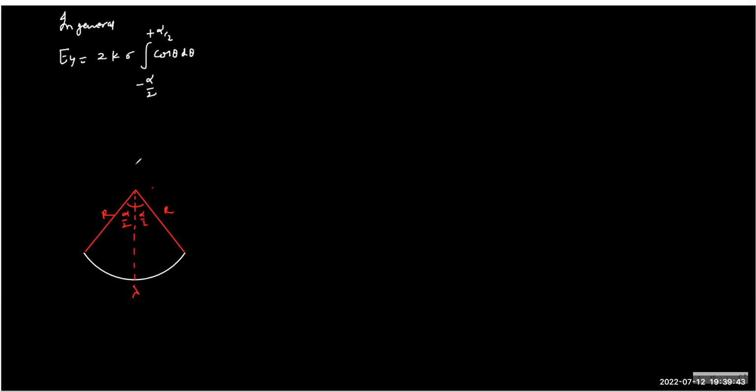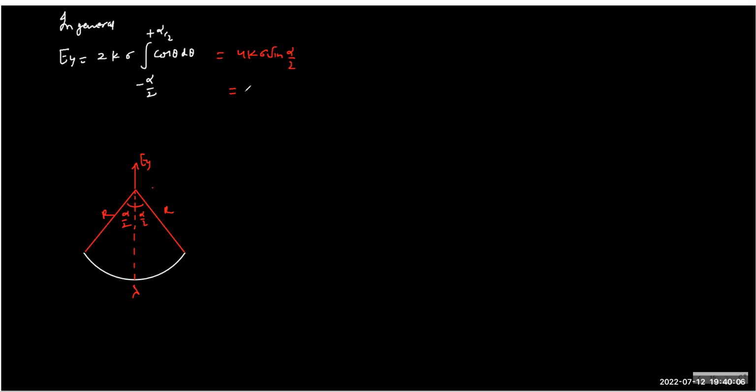The field will still be in the y direction. That's totally okay. And this E_y will be how much? This answer. So this turns out to be 4k sigma sine alpha by 2. Am I right? Not 4, it will be 2 sine alpha by 2.